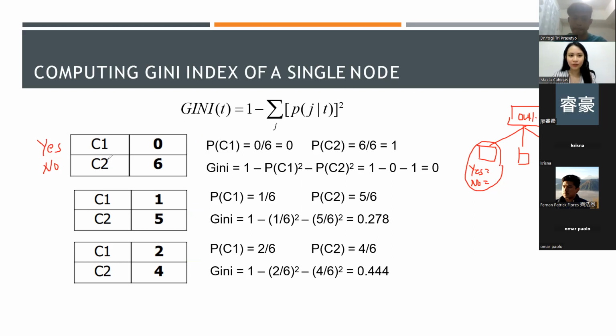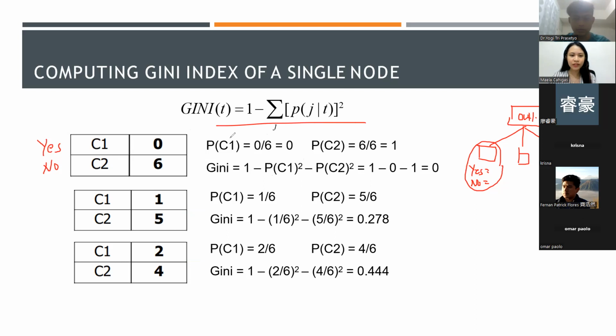So for the classes yes and no, this is just an example. Let's just say this is yes and this is no. We can just follow this formula. So 1 minus the probability of your data. So that would be 1 minus this one.